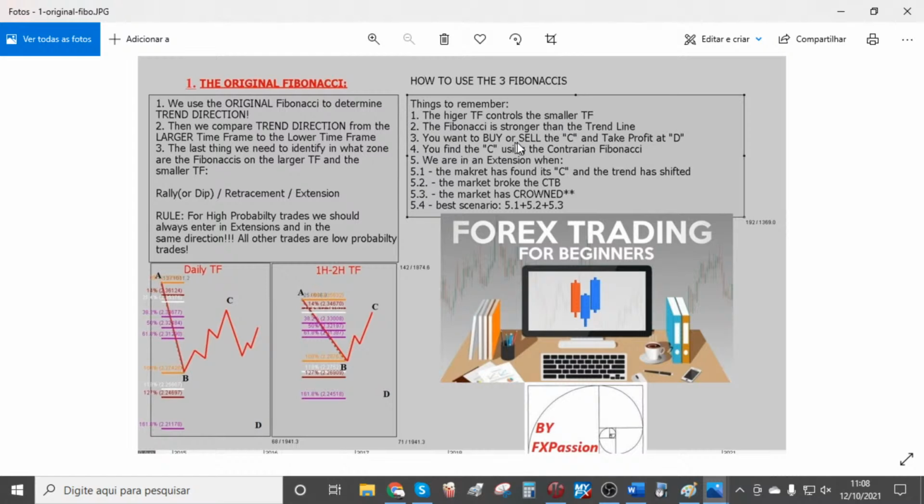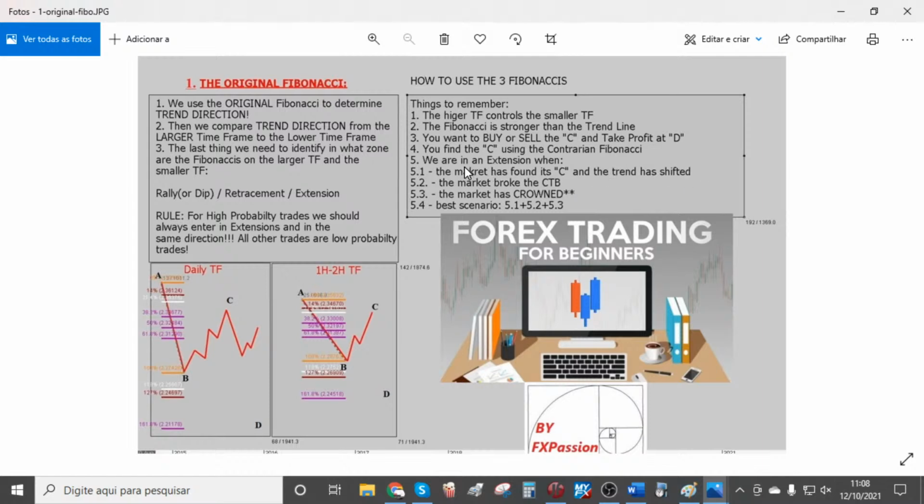You want to buy or sell the C and profit take at the D. You find the C using the Contrarian Fibonacci, and we are in extension when, number 1, the market has found its C and the trend has shifted.